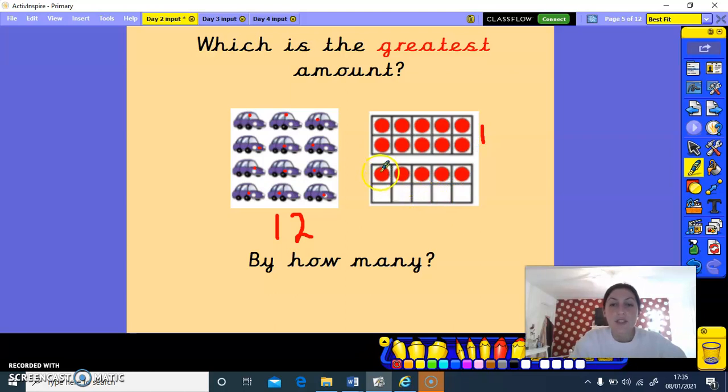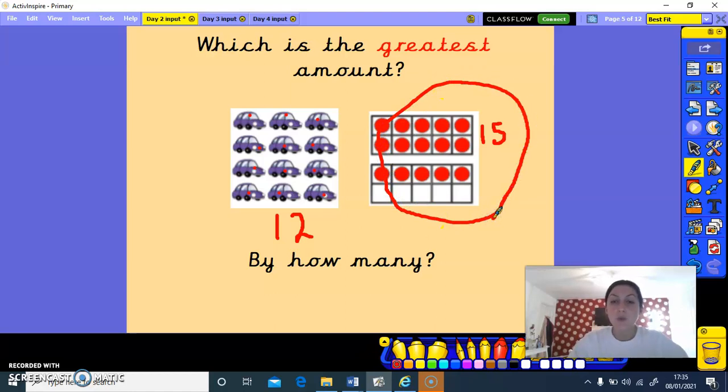And then I've got 10, 11, 12, 13, 14, 15. 10 add 5, 10 add 5 ones is 15. So what is the biggest number, 12 or 15? What do you think? Brilliant, 15 is bigger, isn't it?